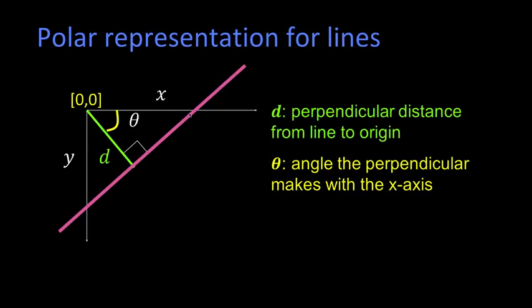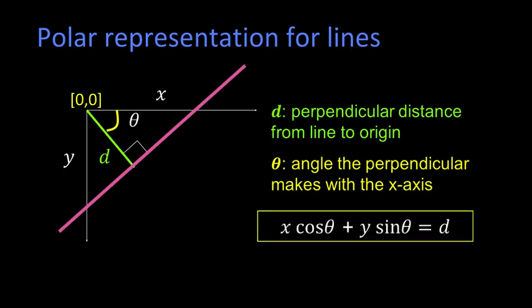In such a representation, with just a little bit of math, you can see that the dot product of any point on the line (x, y) with the (cosine theta, sine theta) location of this normal is equal to d. There are a lot of ways to do it, but basically you can show that x cosine theta plus y sine theta equals d.